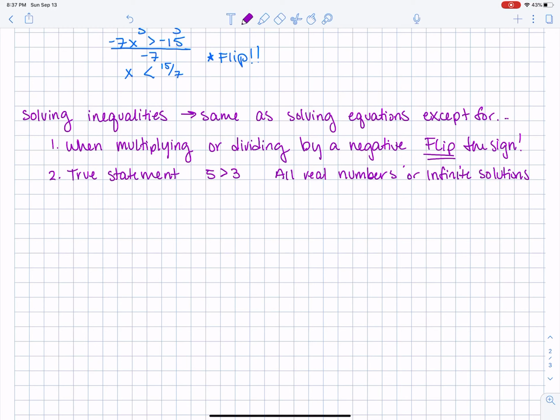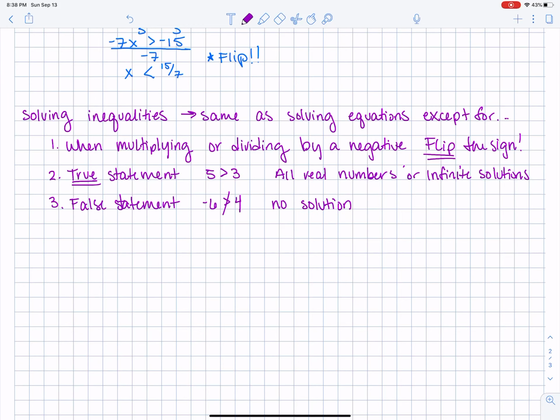Infinite solutions when you end up with a true statement. Now, kind of on that same idea, false statement, so when you are solving everything and you end up with a false statement, and that's something like negative 6 is greater than 4, right? Negative 6 definitely is not greater than 4. It's a false statement. This means no solution.